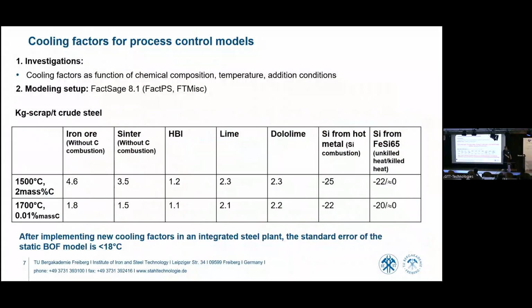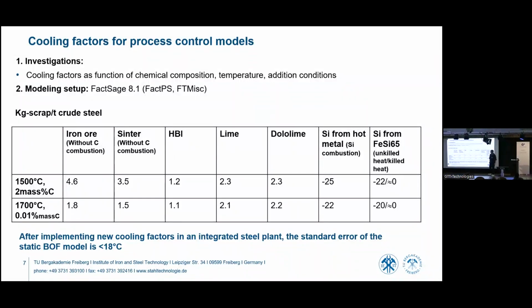During one diploma work, the different cooling factors were calculated by us at the institute using equilibrium, under the condition that delta H is 0, and the student calculated cooling factors as a function of temperature, chemical composition of the alloying element and as a function of steel melt state.